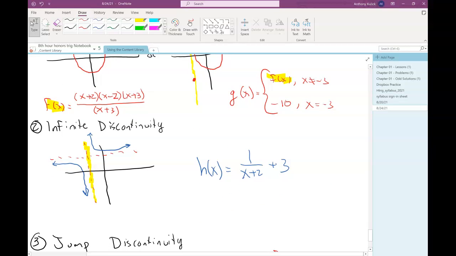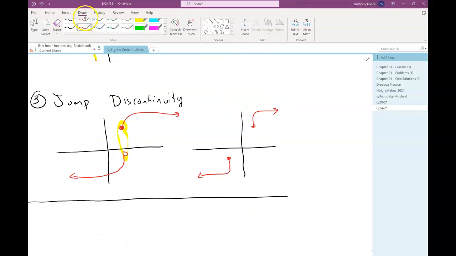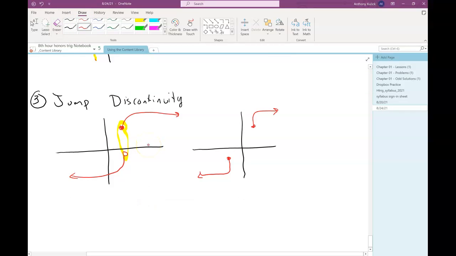So that's an example that would give you a graph that looks similar to this. And for a jump discontinuity, you also have to use a piecewise function.